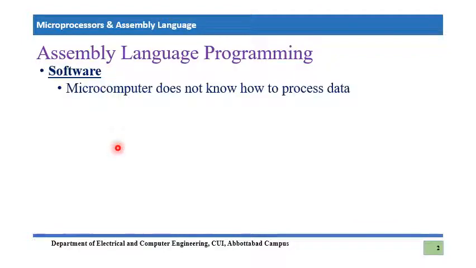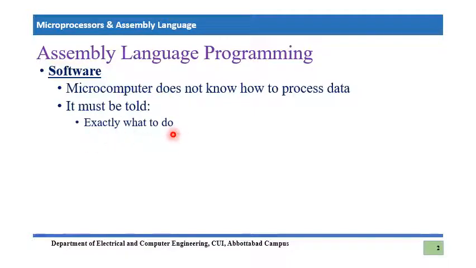We know that a microprocessor doesn't know how to process data, because the microcomputer itself doesn't have any information about what data is or from where it should be taken. In other words, the microprocessor or microcomputer must be told what exactly it needs to do.